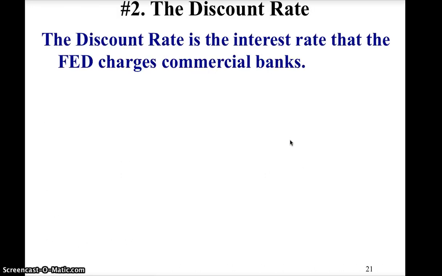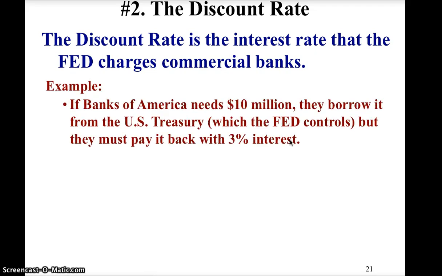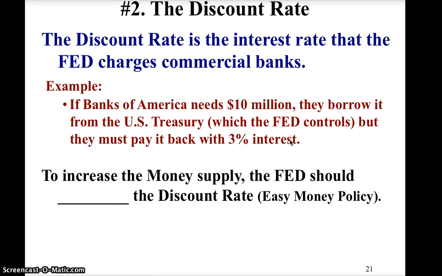So the discount rate is the interest rate that the Fed charges commercial banks. If Bank of America needs $10 million, they borrow it from the U.S. Treasury, but they must pay it back with 3% interest. So that 3% is the discount rate. So what should the Fed do if they want to increase the money supply? So the Fed should lower the discount rate.